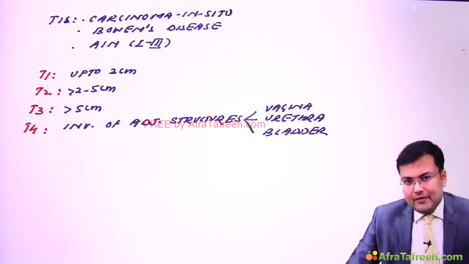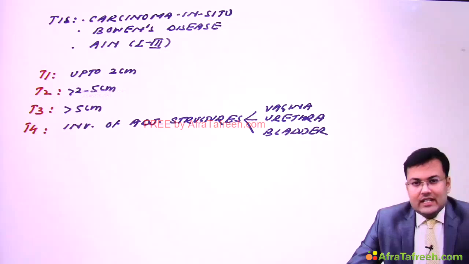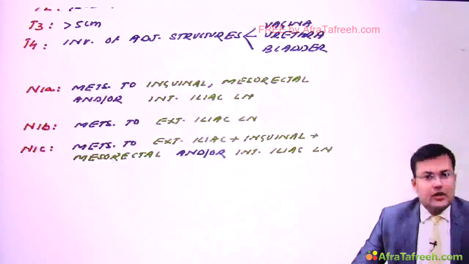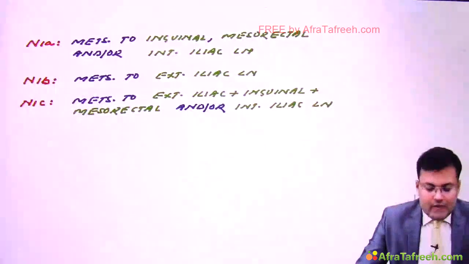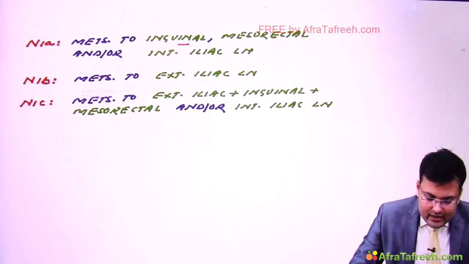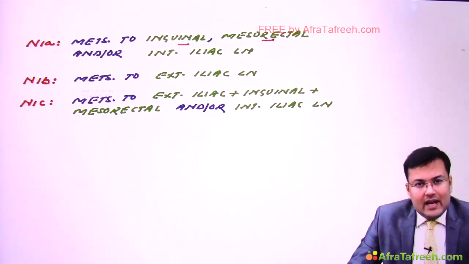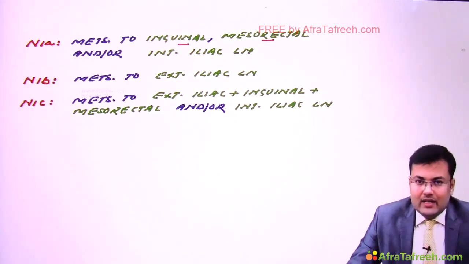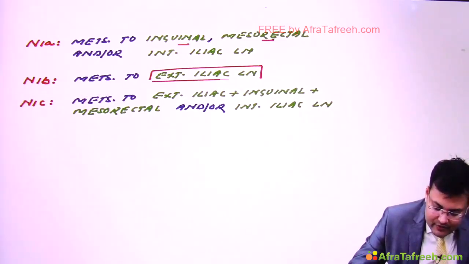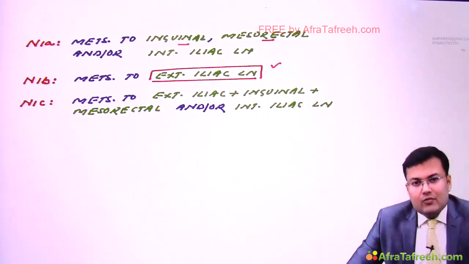Now see the lymph node staging. It is divided into N1A, N1B, N1C. In N1A there is metastasis to inguinal, mesorectal and or internal iliac lymph node. Whenever there is involvement of external iliac lymph node, this is included in N1B.